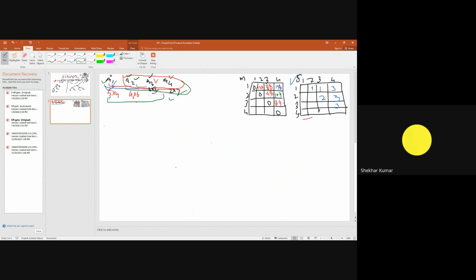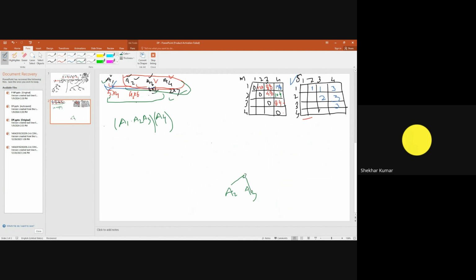In the complete solution, you have checked that you have calculated A1, A2, A3 and A4. At first I have multiplied A2 and A3. In the first, at first I have multiplied A2 and A3, then I have found a solution.